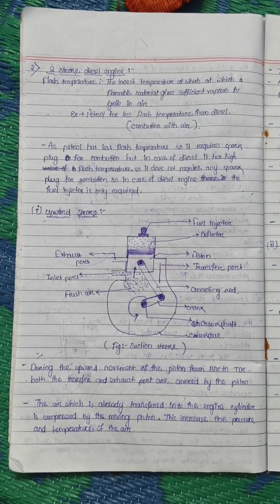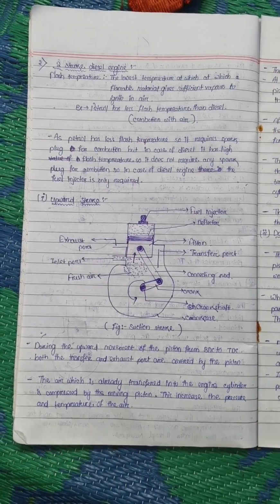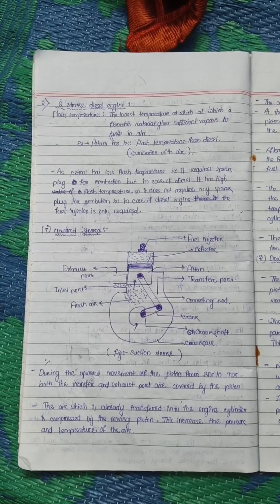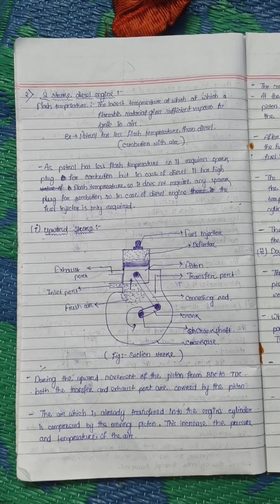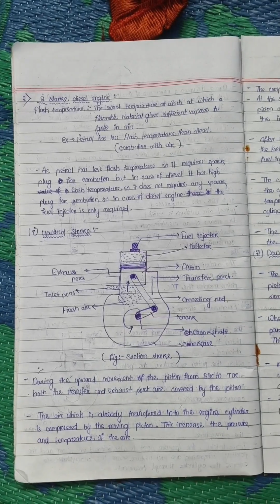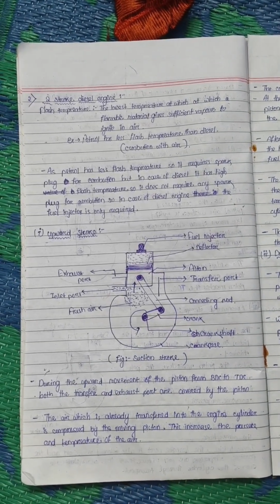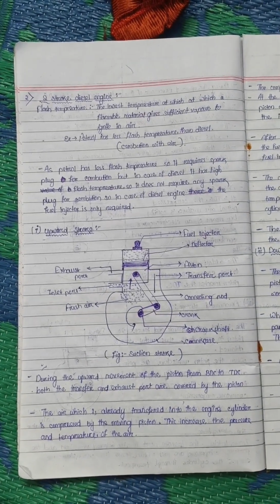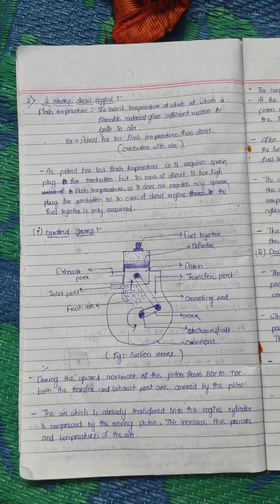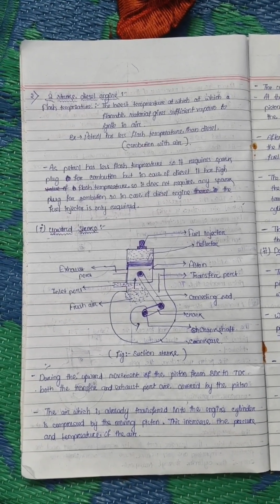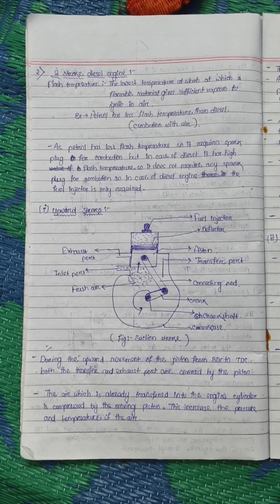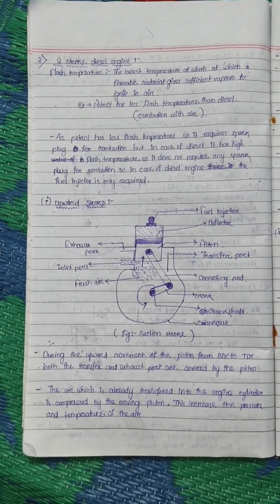As petrol has a low flash temperature, it requires a spark plug for combustion, but diesel has a high flash temperature, so it does not require any spark plug for combustion. So in the case of a diesel engine, only the fuel injector is required.